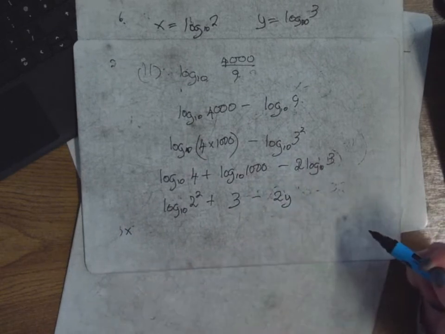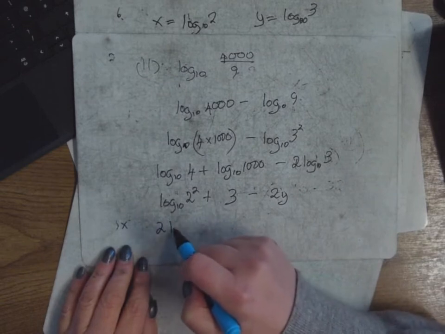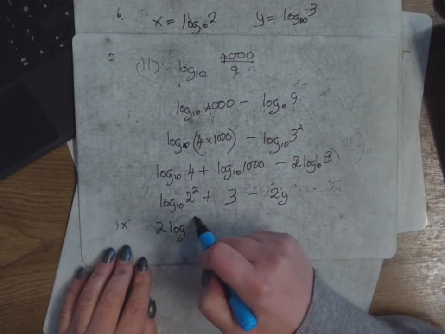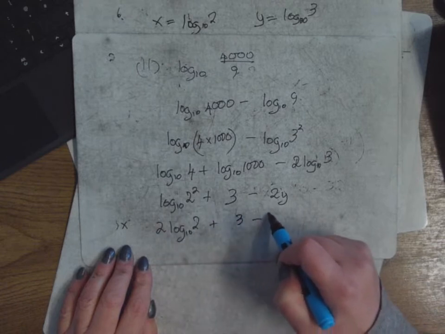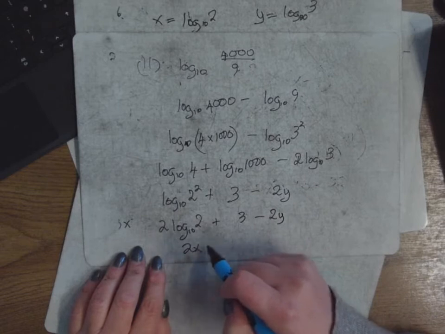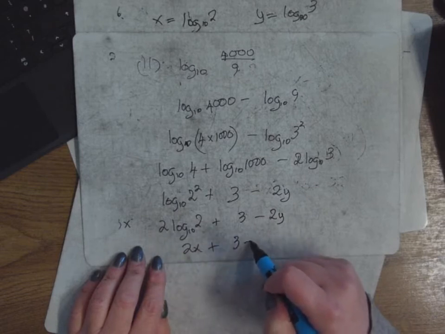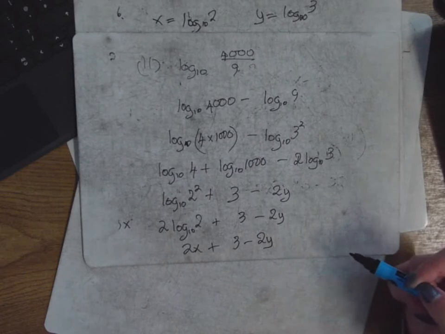Is that alright? Working here, I can bring the power down in front. That's 2 log of 2 to the base 10 plus 3 minus 2y, and that's x. So that's 2x plus 3 minus 2y. With me? Done. It's in terms of x and y, isn't it? Are we good?